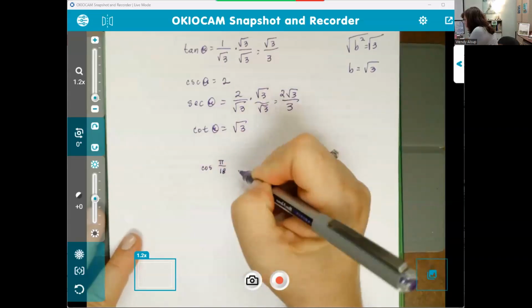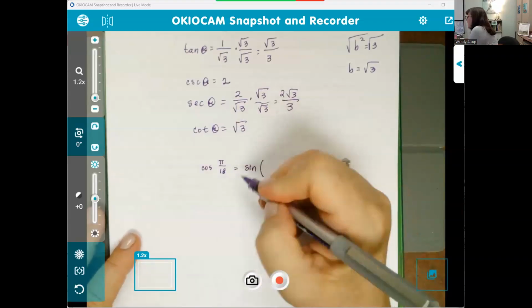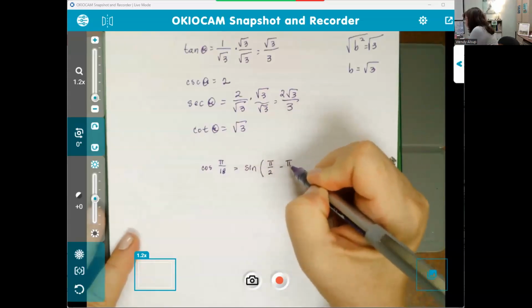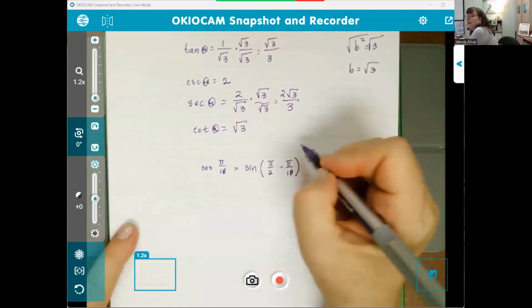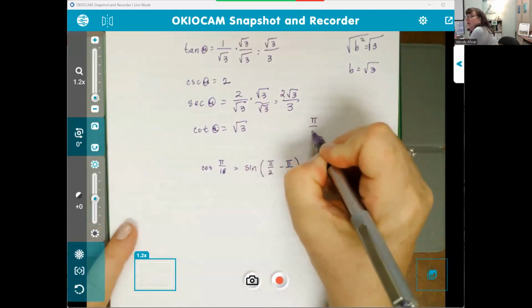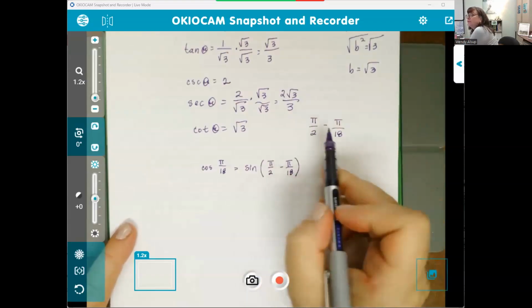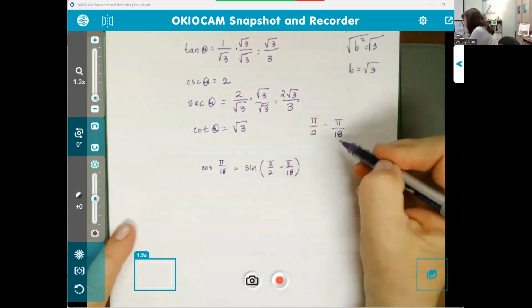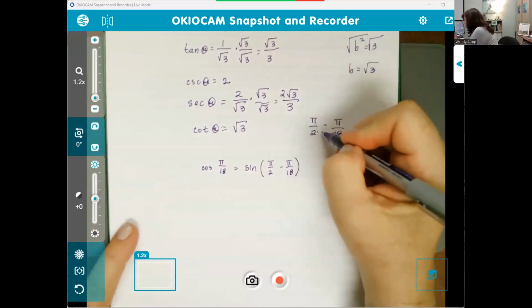All right, well, instead of 90 degrees, the sine of 90 degrees is pi over 2. So pi over 2 minus pi over 18. And you can do this. You just get common denominators. What do you do if you subtract fractions? You have to get a common denominator. What's the common denominator between 2 and 18? 18.